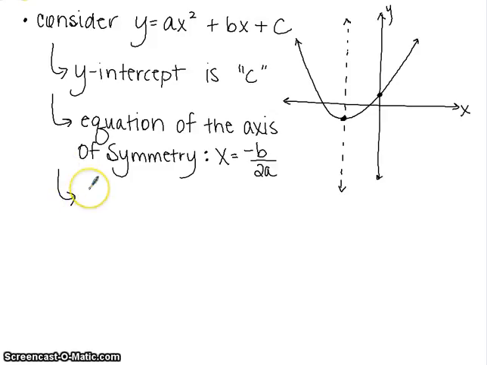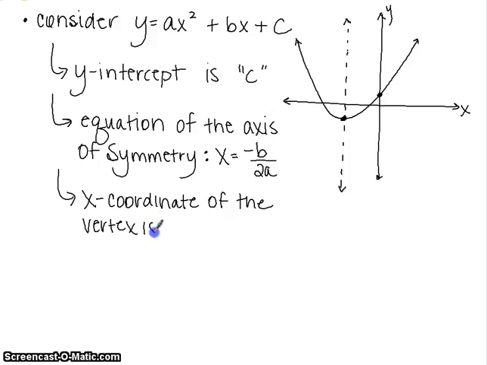Finally, because the axis of symmetry goes right through the vertex, you can actually find the x coordinate of that vertex the same way. So the x coordinate of the vertex is -b/(2a).